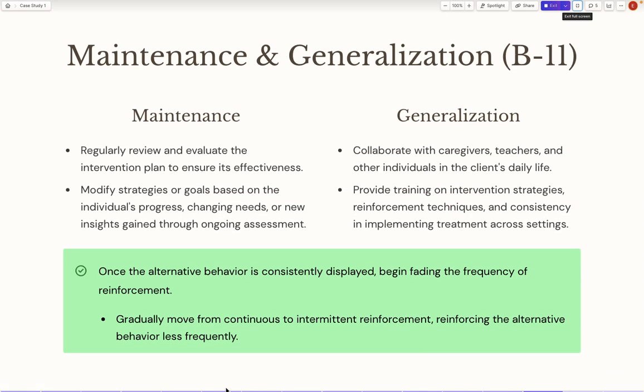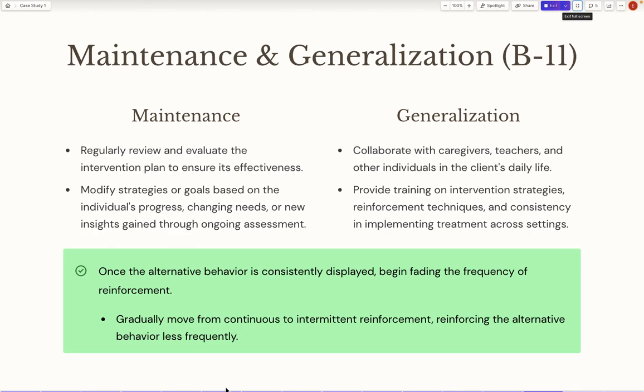Then, to promote maintenance of progress, just as discussed, data was consistently reviewed and strategies were modified as necessary within the intervention plan. And then, generalization methods included collaborating with the client's additional caregivers in his daily life, so teachers, other therapists, parents, as well as training them on the intervention and reinforcement techniques used in the clinical setting.